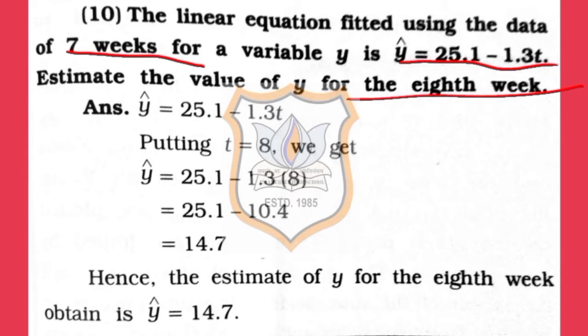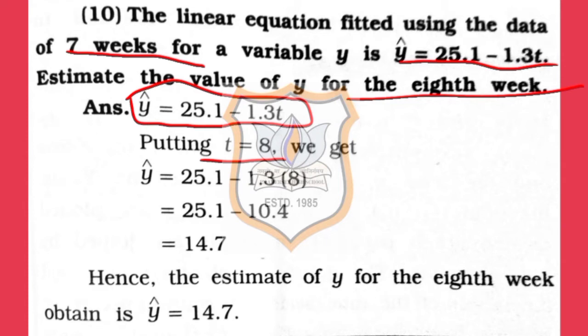The equation is already given to us and you have to find the value for the 8th week. 8th week means t is equal to 8. So we will substitute t is equal to 8 in the equation which is given to us, that is y is equal to 25.1 minus 1.3t.